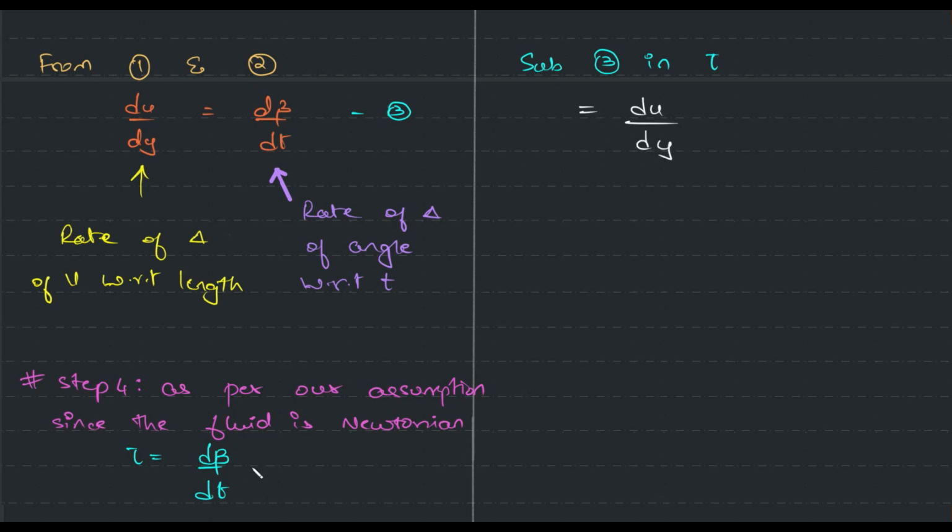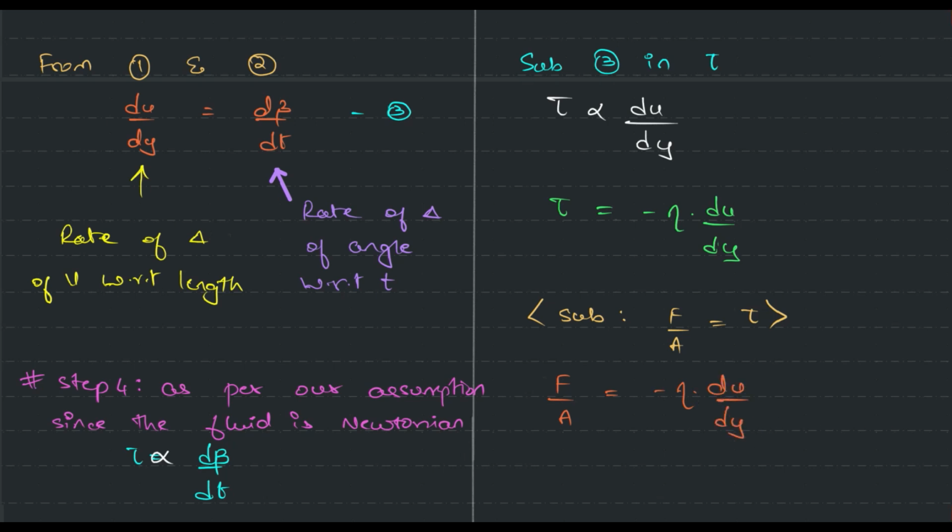Sorry, this is proportional, not equals. So when I remove the proportionality, I'll get a proportionality constant, and that is nothing but your coefficient of viscosity. And now let's substitute force per unit area: force by area is your coefficient of viscosity times du by dy.